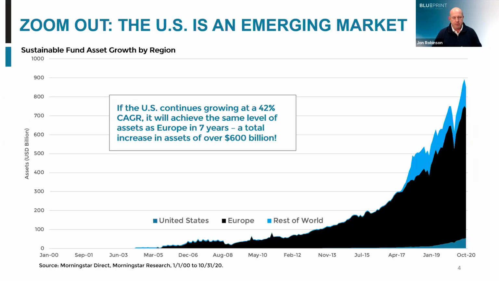To put that in different terms, if the US continues growing at the compound rate it has since 2000 of about 42%, it's still going to take 7 years for the US to match Europe in terms of total assets under management.